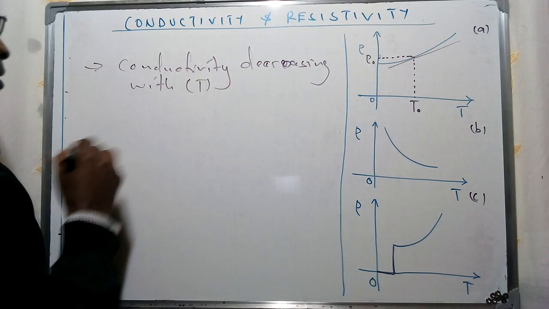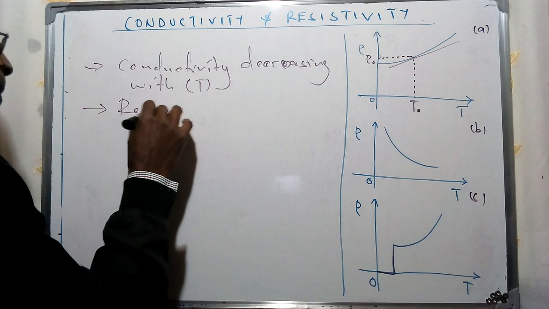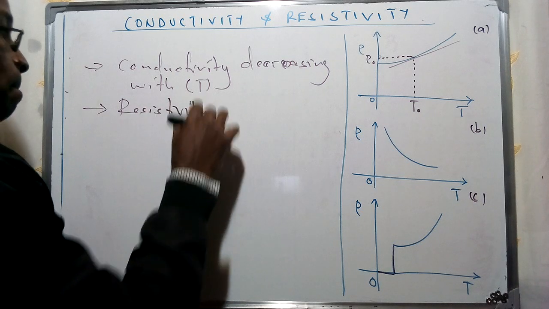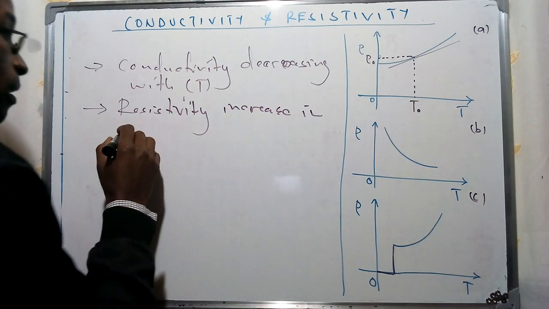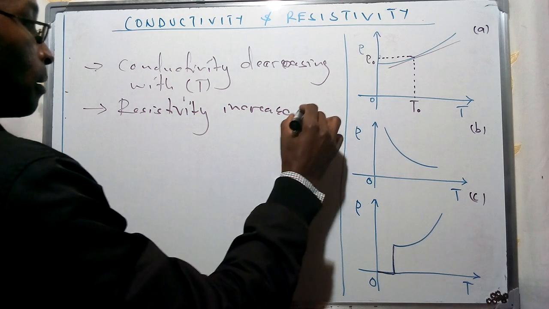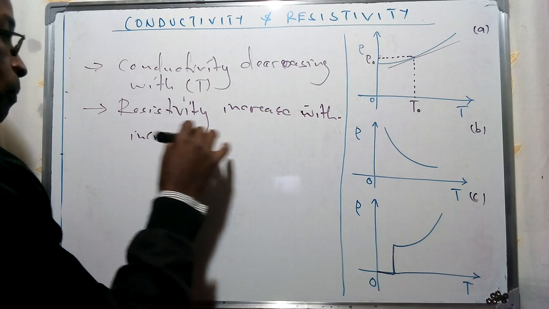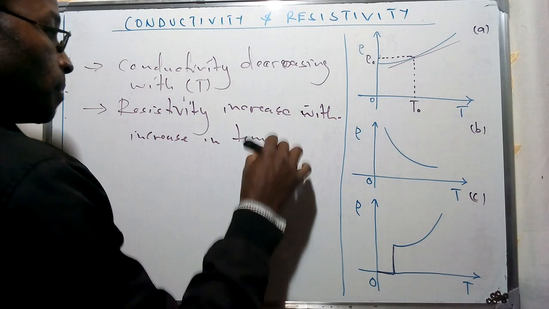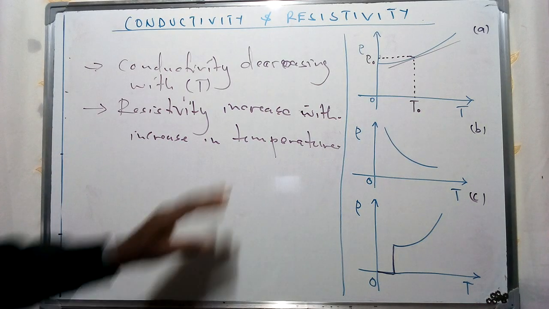I can give this in this specific form, but we're going to have resistivity increase with increase in temperature. And this is going to be more elaborate when we look at the structure of various conductors which we are going to consider.